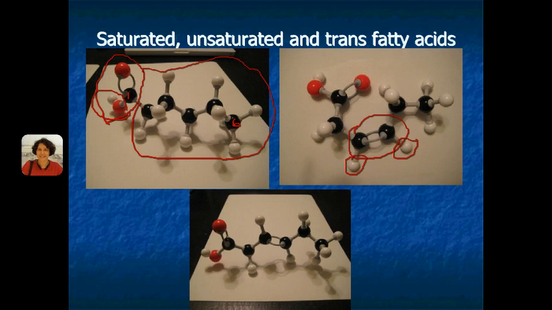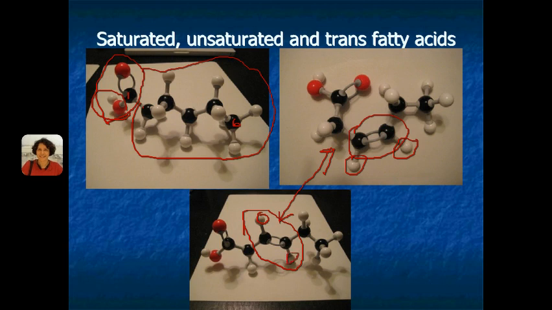Artificially, it is possible to make a molecule that has a trans double bond, and that's what we see here in the lower molecule. So that molecule, the trans fatty acid, is an isomer of this one. They have the same chemical formula, but in the trans fatty acid, as you can see, the 2 hydrogen atoms are on opposite sides of the double bond.